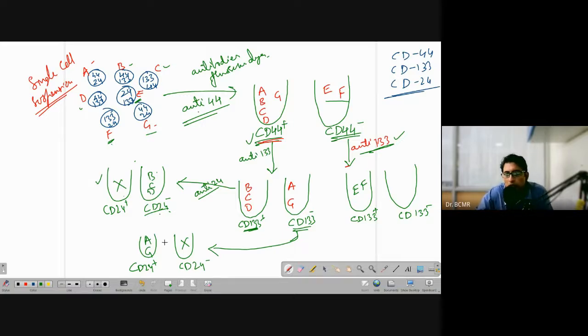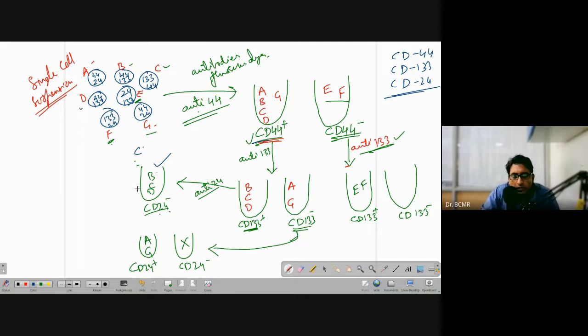I would want you to tell me what is the cluster designation or cell surface markers of this one, the one that I'm going to point at now. Where did it come from? First thing is, I will erase one of it. For ease, anyway, this is not there, so we'll just go ahead with this.